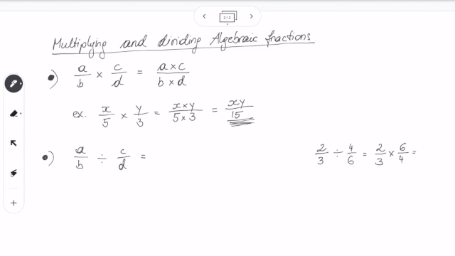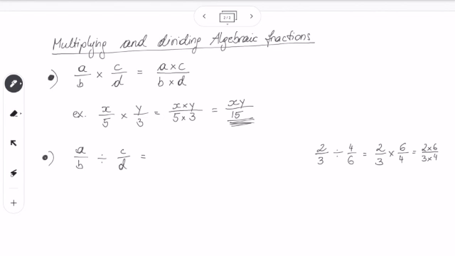And now we can do just as we did before. 2 times 6 over 3 times 4. And we can simplify that, but I'm not going to go there. You can do that on your own accord if you want to. I am instead going to write down the general rule for dividing algebraic fractions.